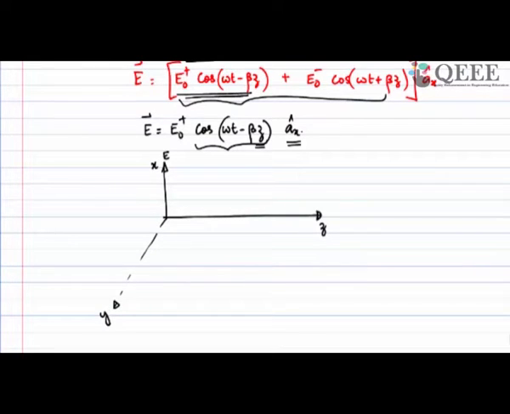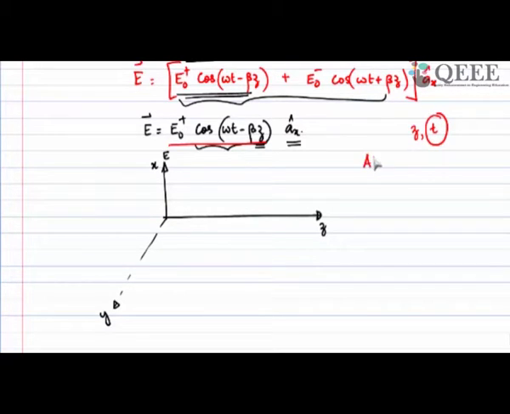I am trying to plot this quantity to understand what it means. I am a little confused when I try to plot it because I have two variables, z and t, and I have only an axis for z. Which means I will have to plot it for different instants of time.